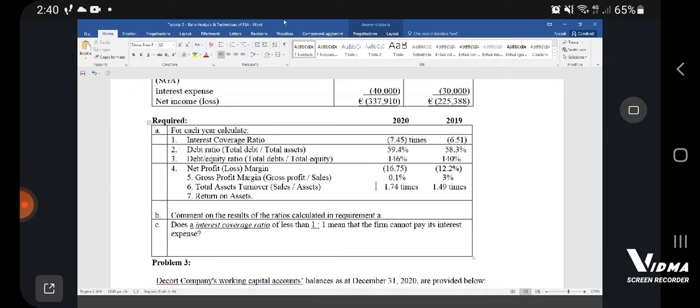If we remind ourselves of what we discussed when we presented the ratio, usually the total assets turnover for a big company that is operating in the maturity stage of its life cycle should be around 1 or 100%.